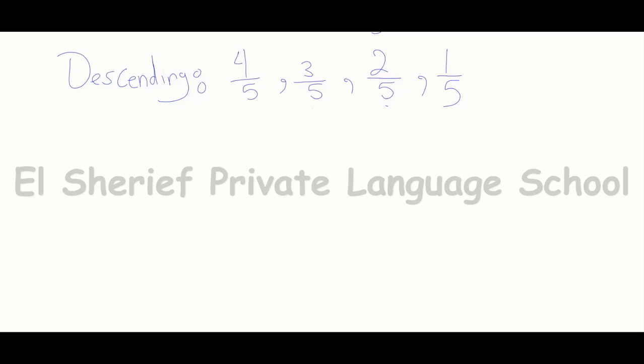Now I want to learn how to add and subtract fractions. For example, if I have 3 over 10 plus 4 over 10, I want to get the result. Here we have the same denominator.